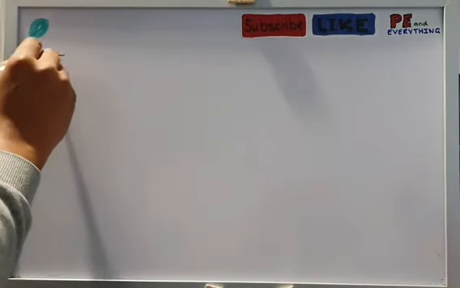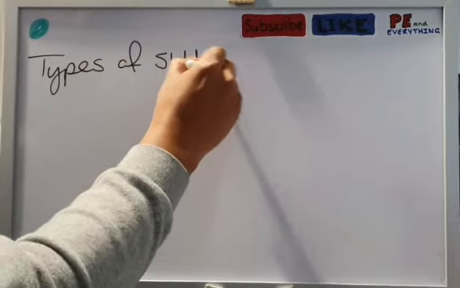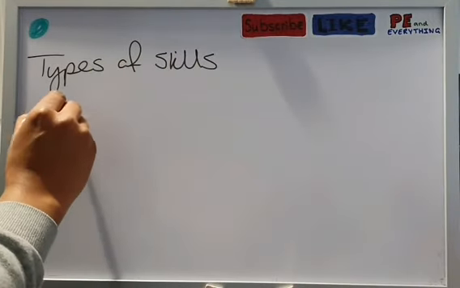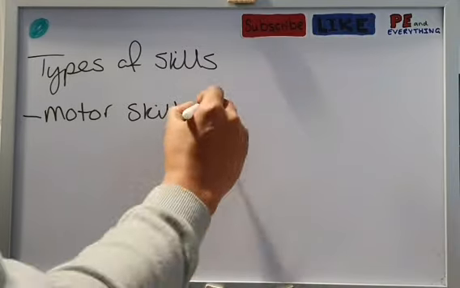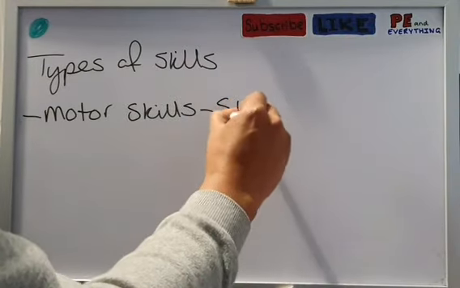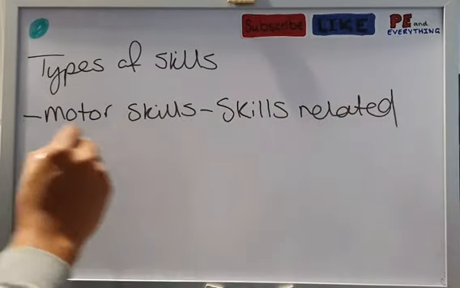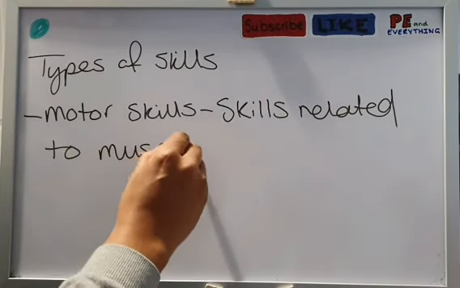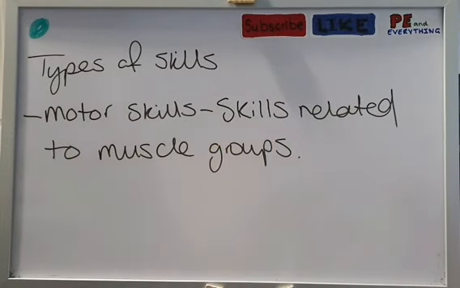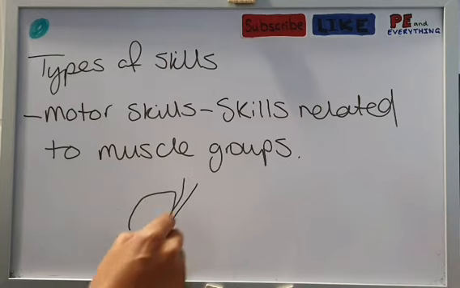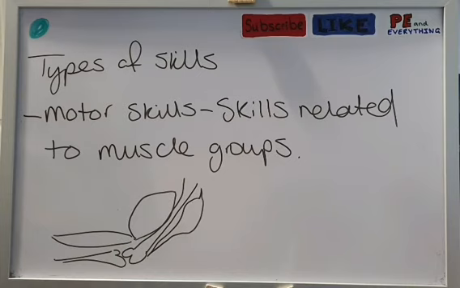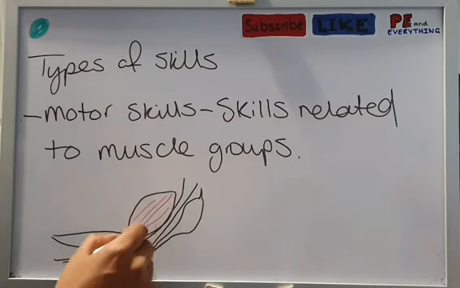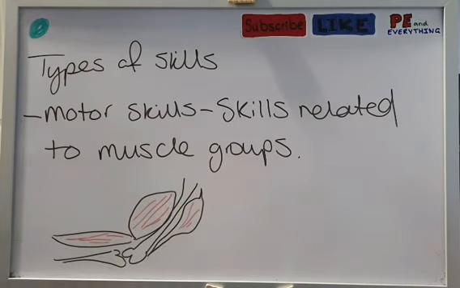So, first learning objective, different types of skills. We have these things called motor skills. Motor skills are skills related to muscle action, so large muscle groups. I'm drawing a bicep and a tricep for you here, but if you use large muscle groups, that is called a motor skill.